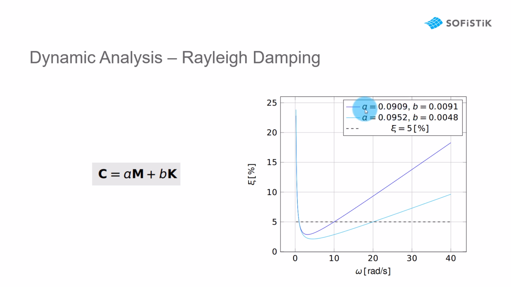In this example, the first set of factors has been calculated to match the desired damping ratio of 5% at the angular frequency of 1 and 10 rad per second. The second set has been calculated to match the desired damping ratio at frequencies of 1 and 20 rad per second. In the range between these frequencies, the damping will be slightly below the desired damping ratio, so on the safe side.